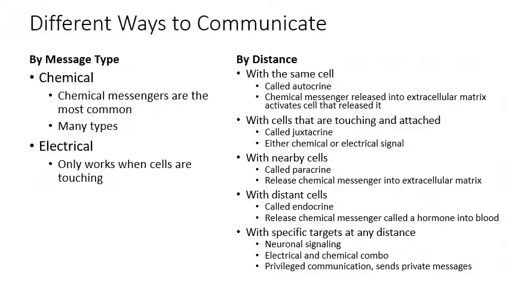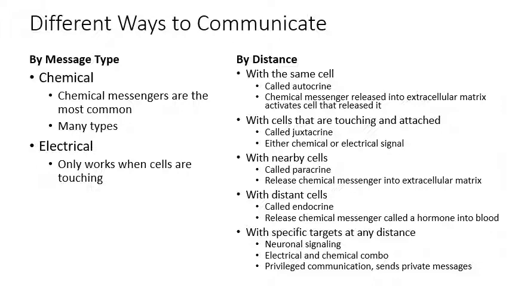Then finally you have neuronal signaling, which is a really special type of cell communication because it's occurring over a long distance, but you're not just releasing a chemical messenger that travels in the blood all over the whole body. You're sending that message to one cell specifically using the process of a neuron.